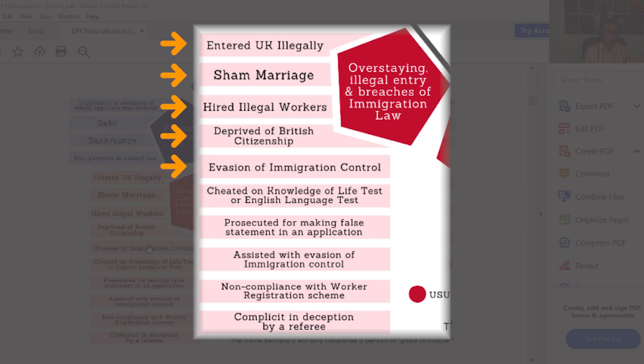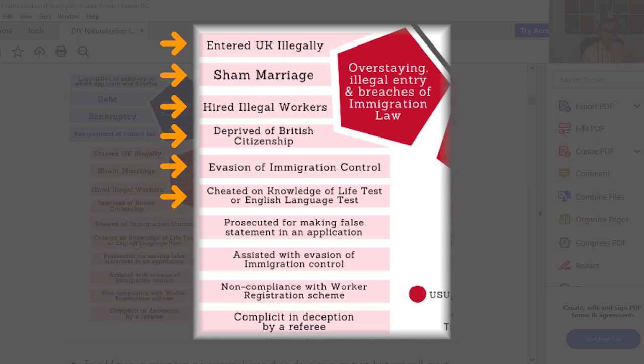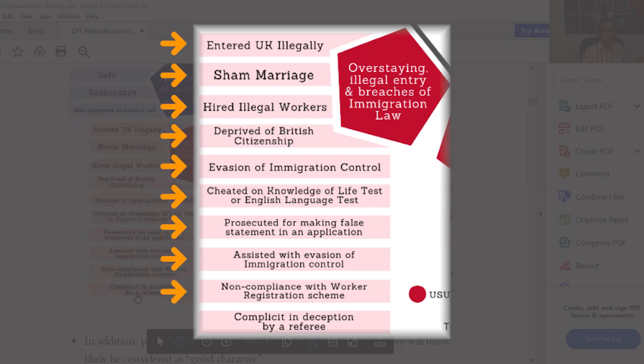If you've been found cheating on the Life in the UK test or English language test, or have been prosecuted for making a false statement in an application, or assisted with evasion of immigration control, or non-compliance with the workers registration scheme, which is to do with EU citizens, or if you're complicit in deception by a referee. So these are all breaches of immigration law.